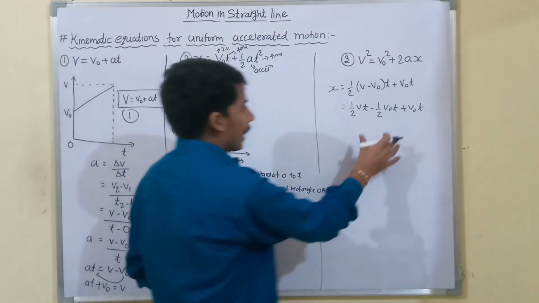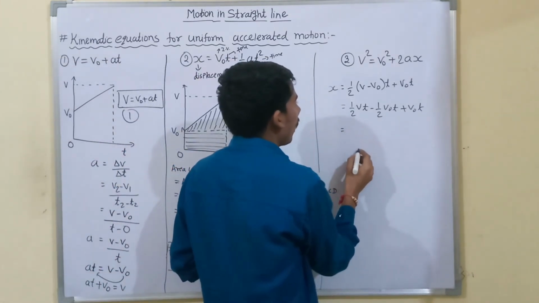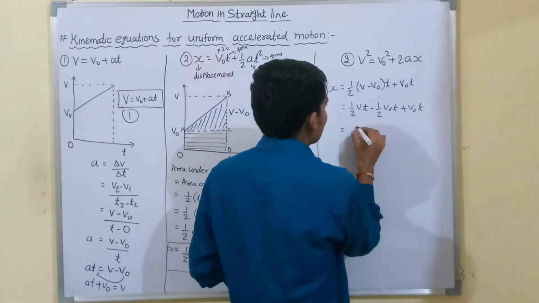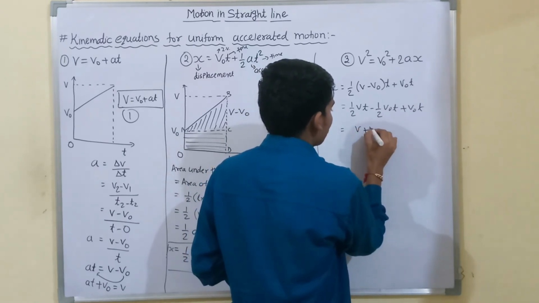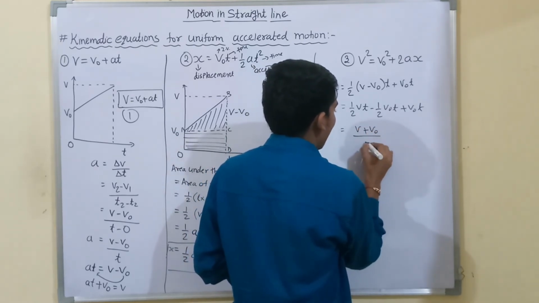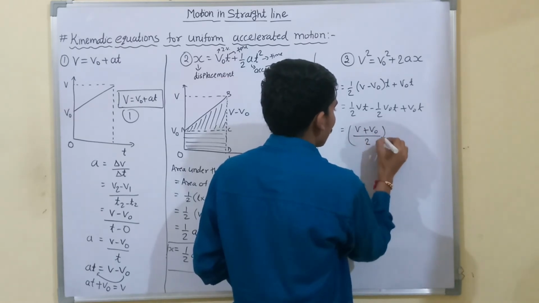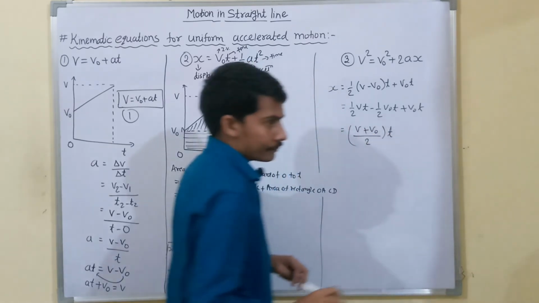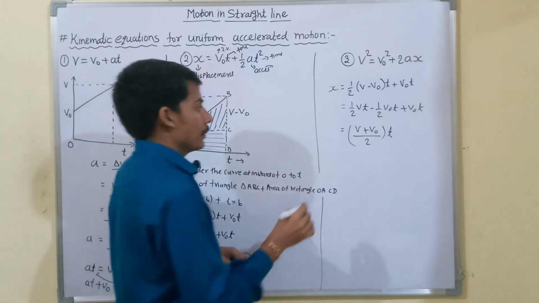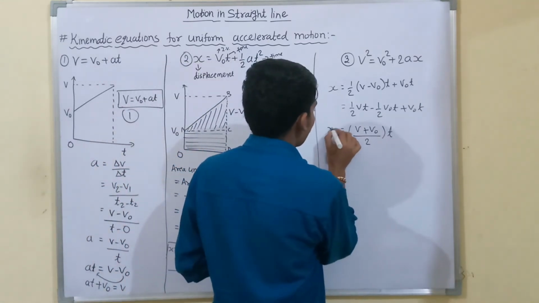Now you can calculate it, and we get the answer as v plus v naught by 2 into t, equal to x.